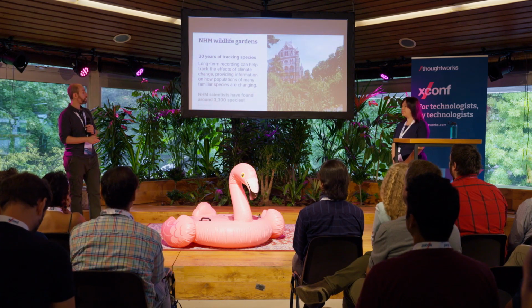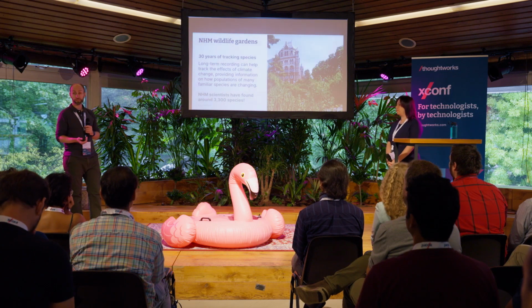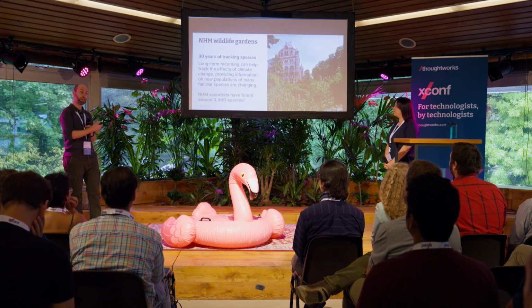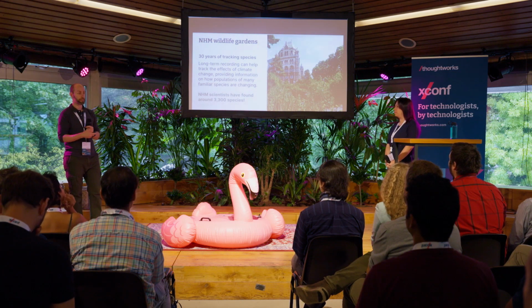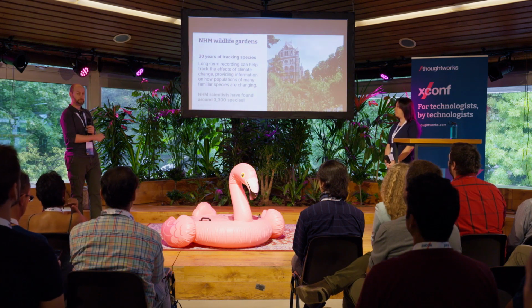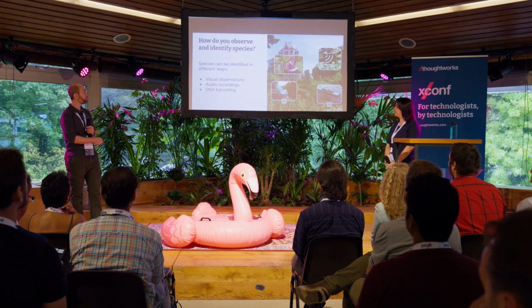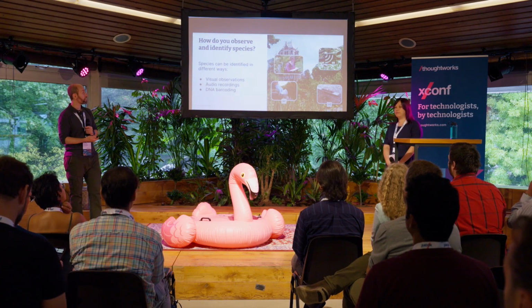And so in the gardens alone, they've identified over 3,000 species, which is pretty cool for such a small area. And yeah, the key thing that they're looking at the moment is urban biodiversity and how that can help us track and make changes for basically humanity, which is pretty cool. And they've got various ways of identifying species.